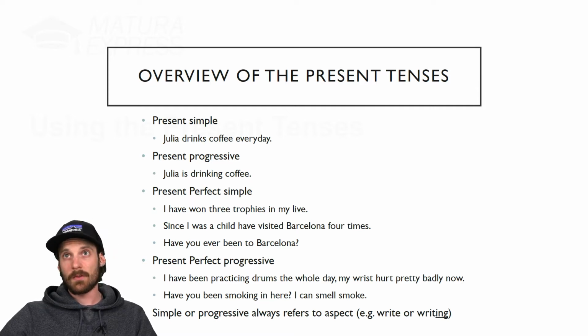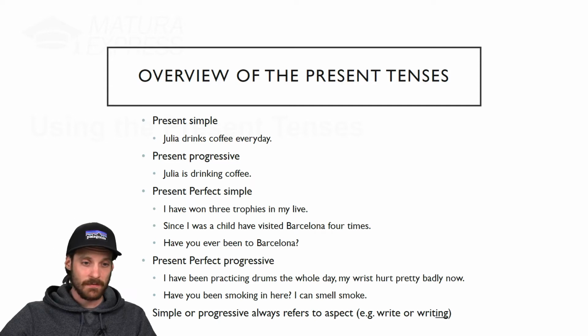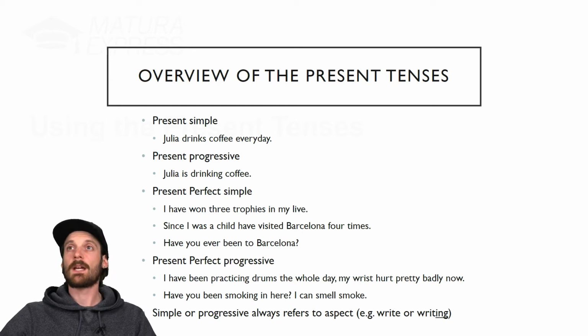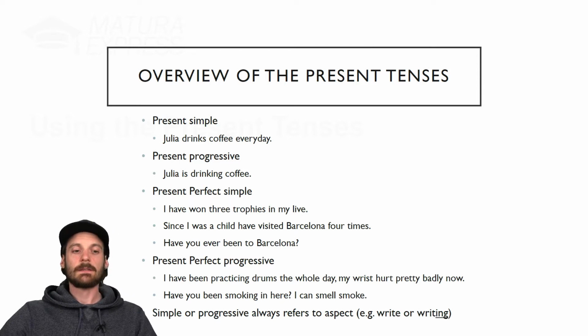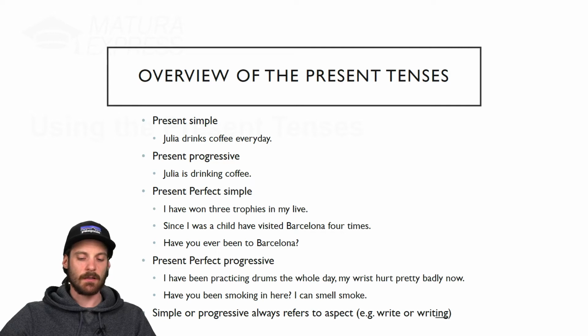Then we're gonna move on to present progressive. Julia is drinking coffee. The verb here is used in a progressive form, and drinking, of course, indicates the time when she's drinking coffee. So now she's drinking coffee. It doesn't have to be at the moment.